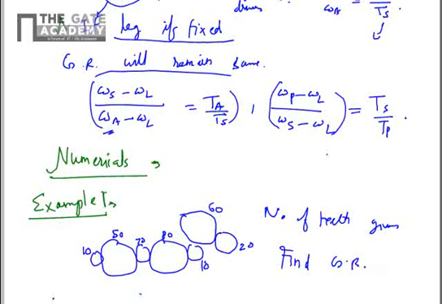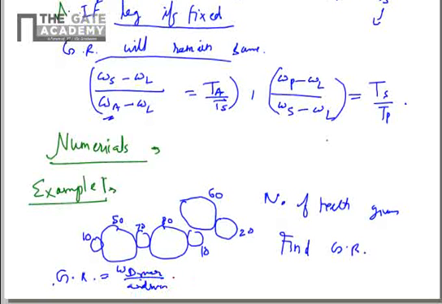We know that the gear ratio is equal to the speed of the driver, omega driver, by omega driven. From this identity, you can see that the number of teeth on the intermediate gears doesn't matter. So if this is the final driven, let's say B is driven, and this is the driver, let's say A is the driver, we only need to consider the number of teeth of driven and driver to find the gear ratio.